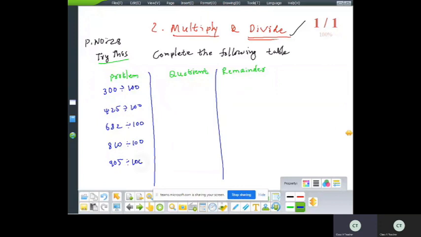Here, every time the divisor is 100. Okay, we need the 100 table.